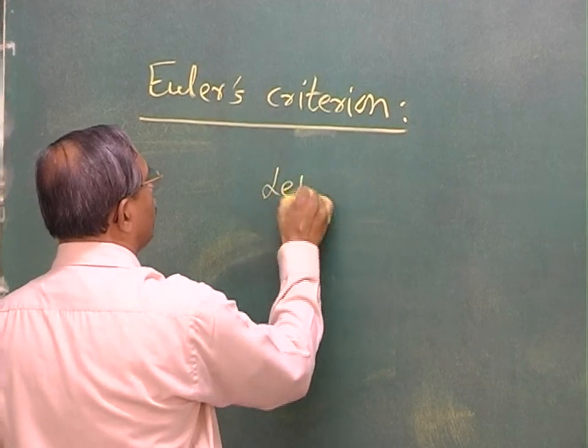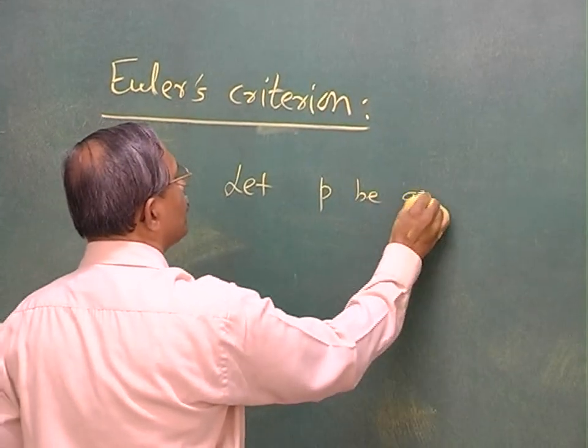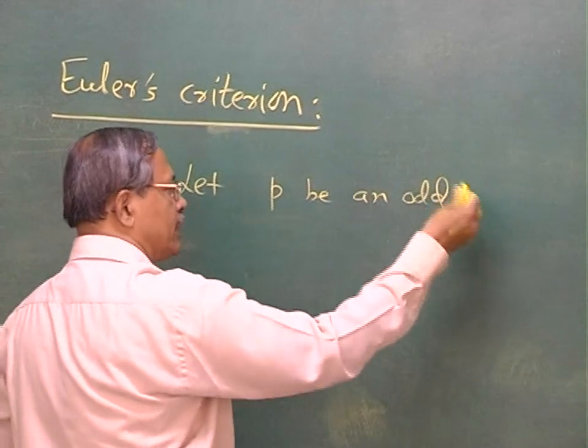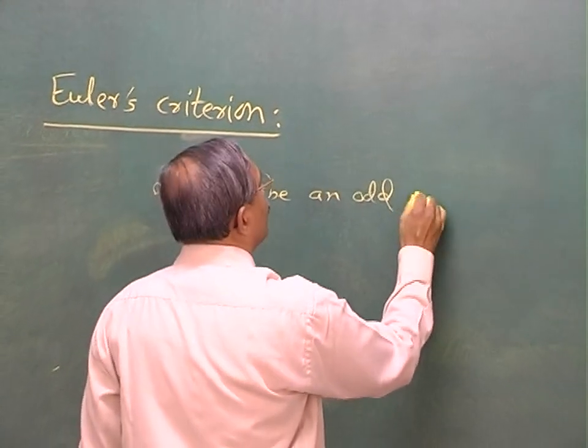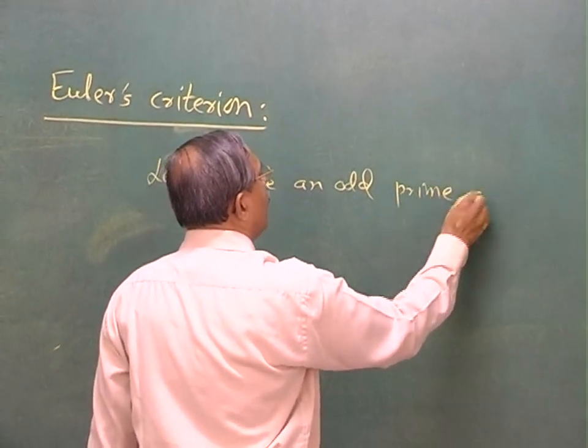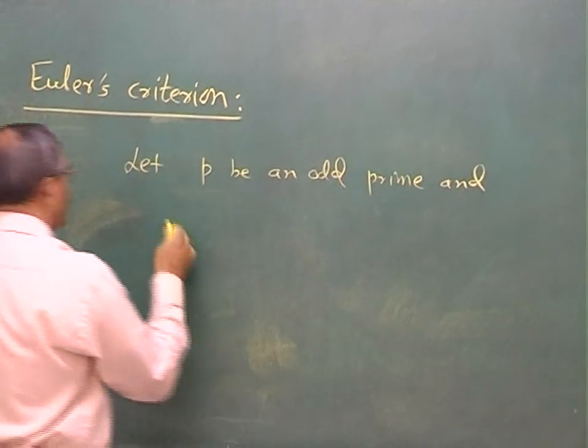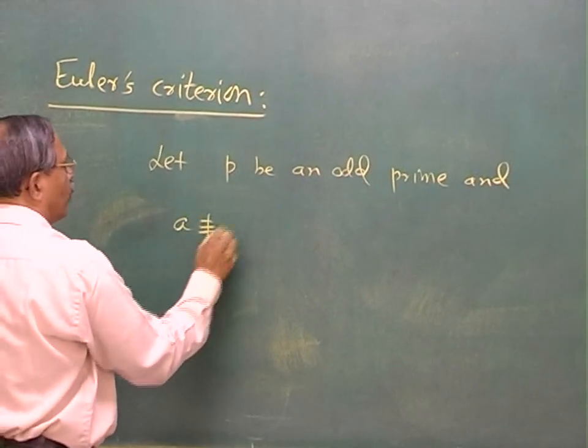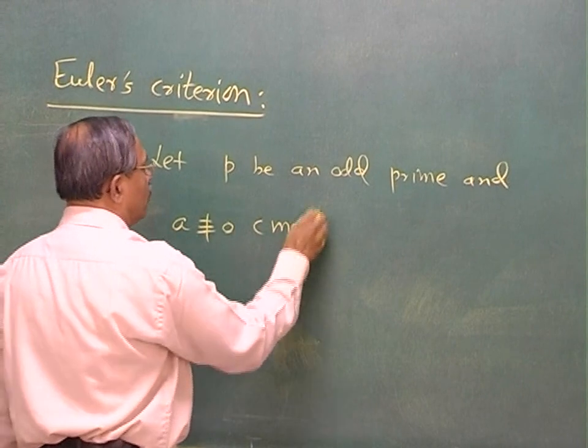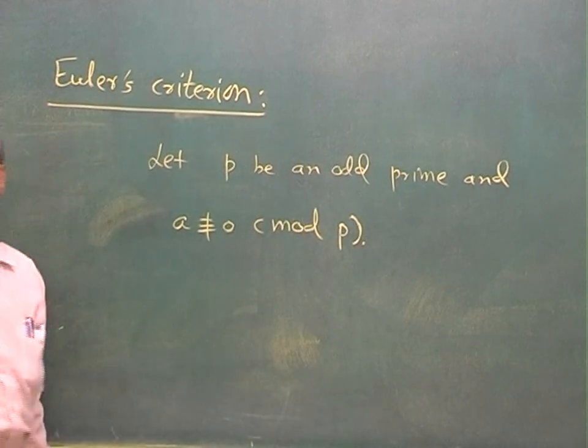So let p be an odd prime. This odd prime is essentially always odd. And a not congruent to 0 mod p.